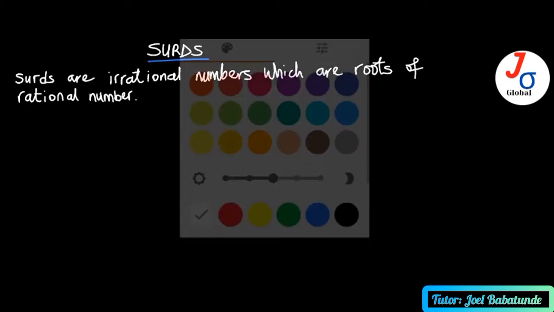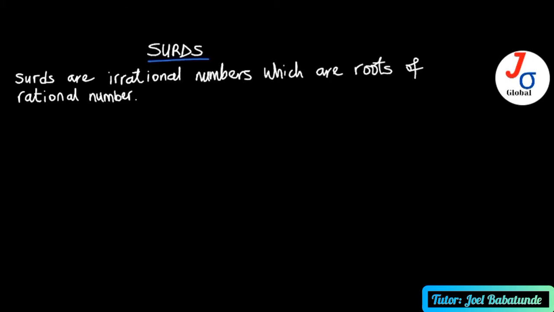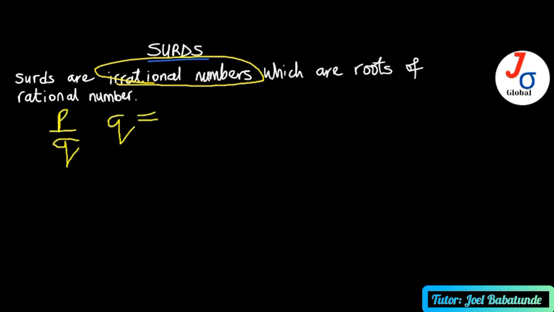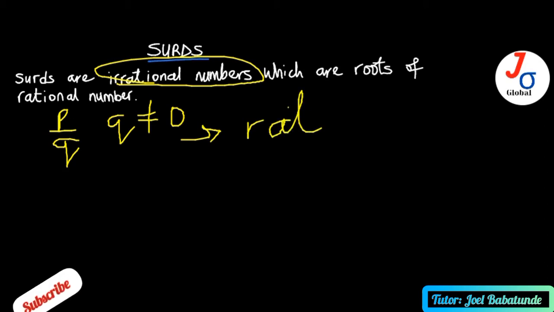Well, let me explain what irrational numbers are. If you can write a number in the form of p over q, such that q is not equal to 0, then such a number is a rational number.